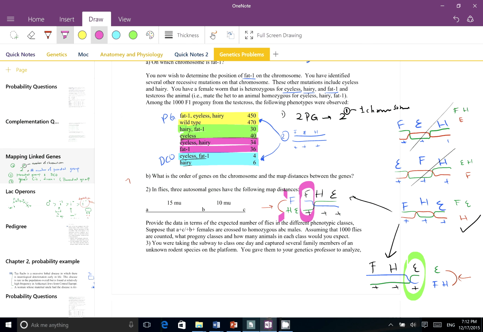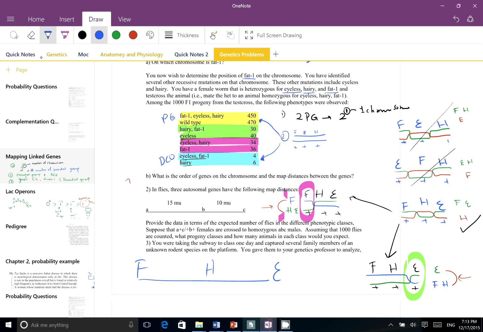Some people go like, okay, so we know the order, which is F, H, and E. How do I know which single crossover represents the distance between H and E and F and E? Very simple.